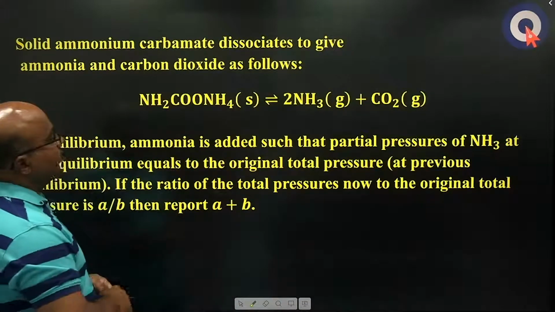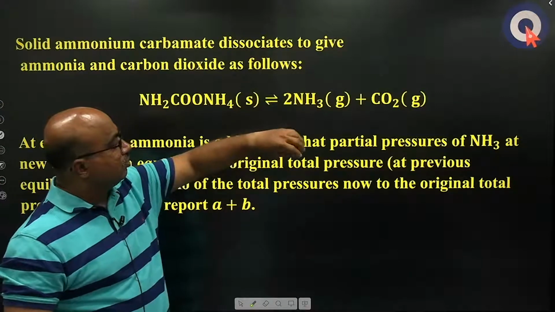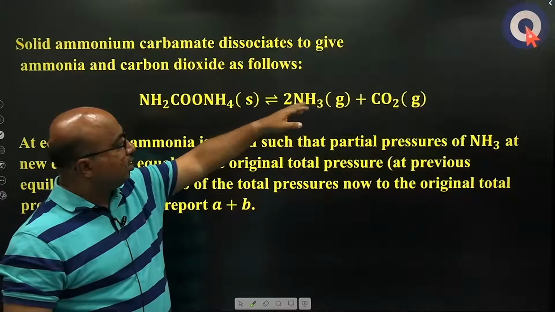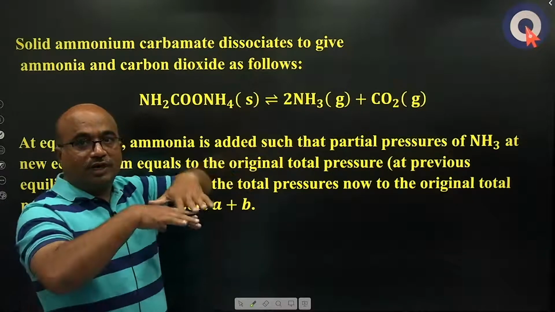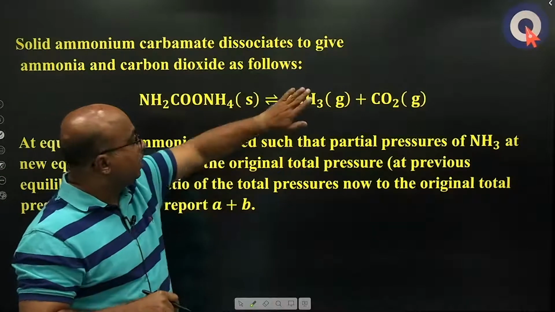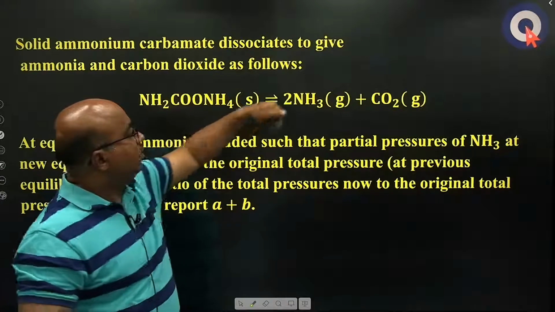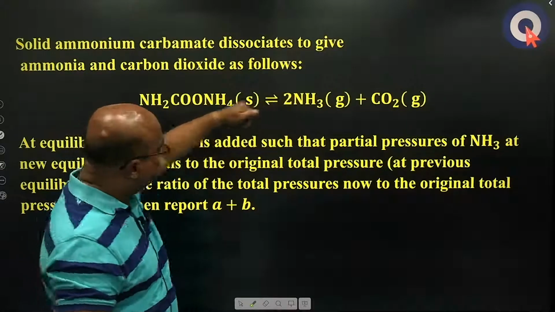For that, if ammonia is added, the partial pressure or active mass of ammonia changes immediately, which was at equilibrium initially with a particular pressure or concentration. So the reaction moves backward because the partial pressure of the products is increased.